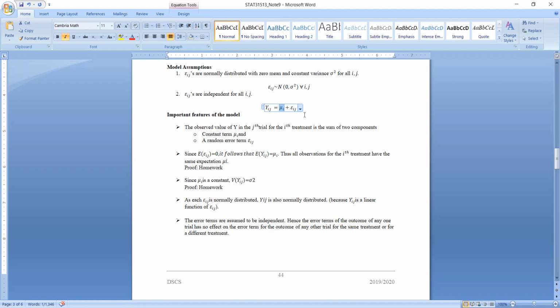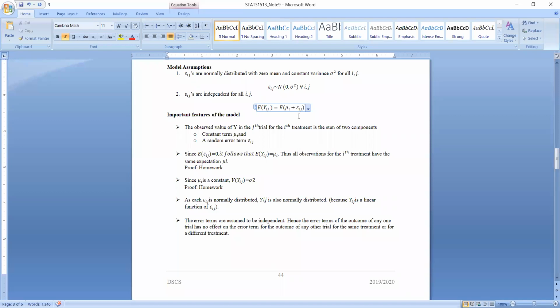So we can see here the observed value of y is actually a combination of this constant mean and a random error. If you take the expected value of your left hand side, that is the expected value of Yij, then you have to take the expected value of your right hand side. The expected value of mu i plus the random error, we can rewrite as the expected value of mu i plus the expected value of Eij.